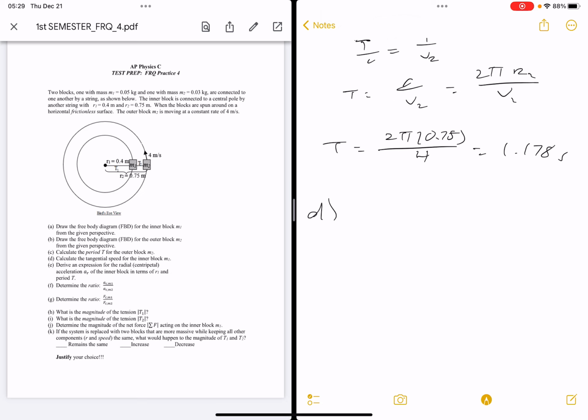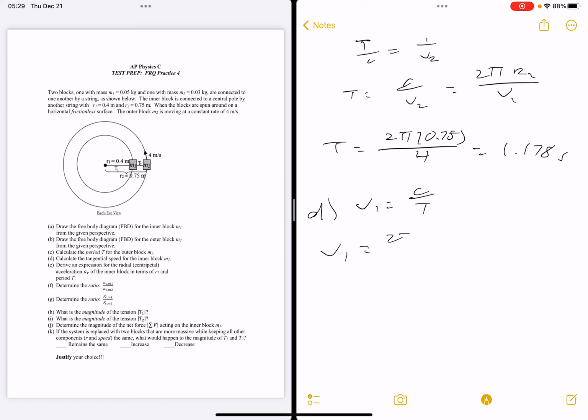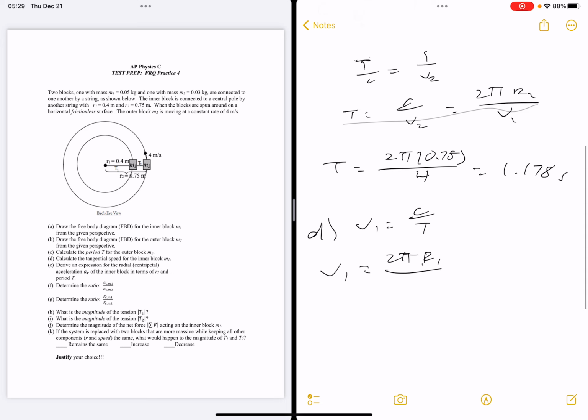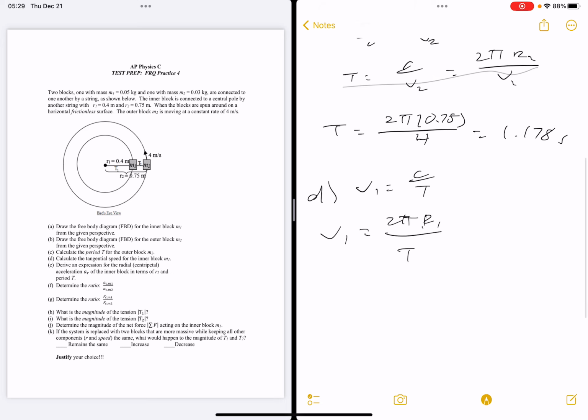D. So one of the tangential speeds, so it's V1 equals C over T. Want the inner block this time, so that's V1, that's T1, 2 pi R, and then we use R1 this time since the inside block, and then T. And since the blocks are connected by a string, we know that the blocks will travel one revolution in the same time, just at different speeds.